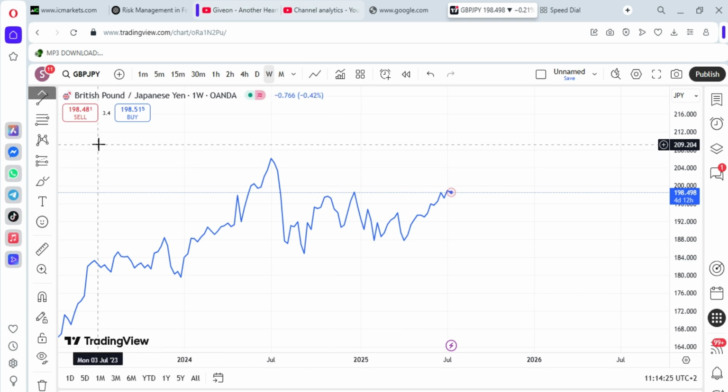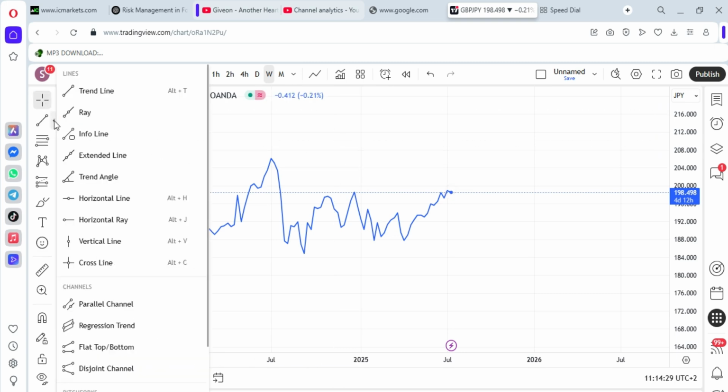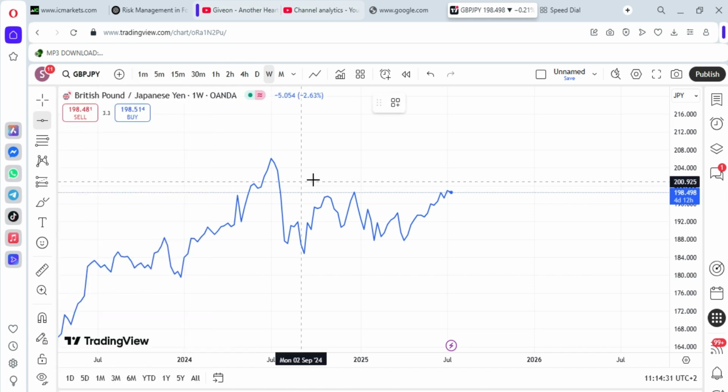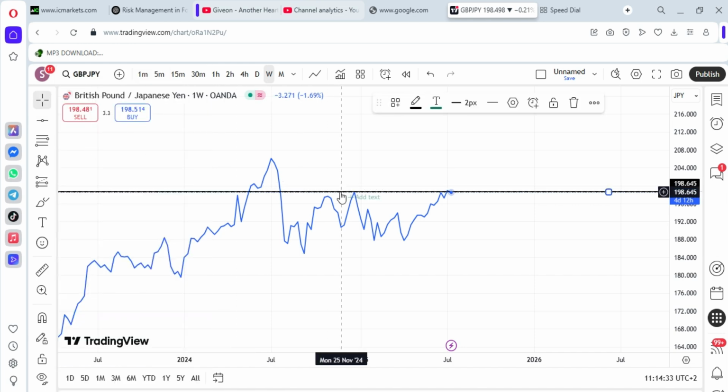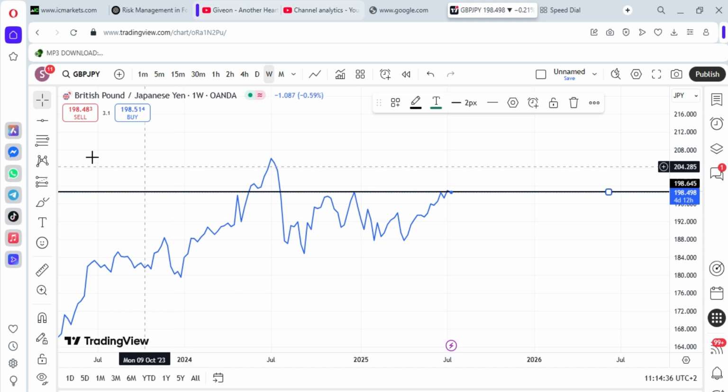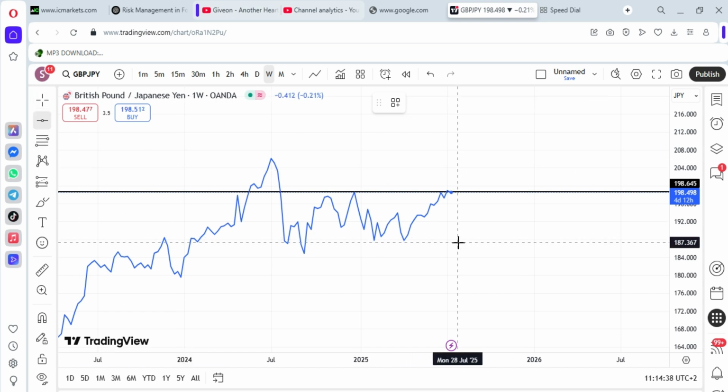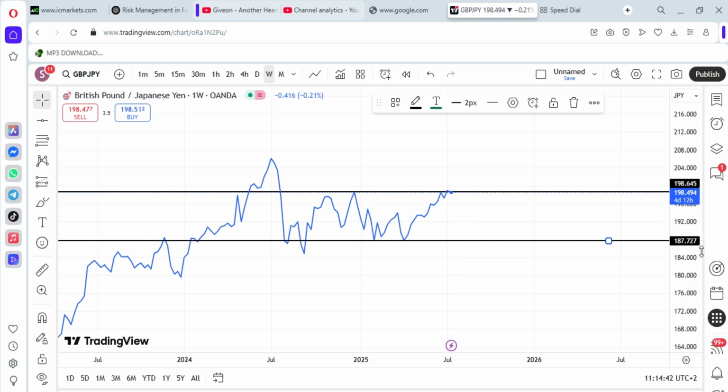We go to our line chart and mark our key zones where price is likely to reverse, being this one, and also another one being this one over here.